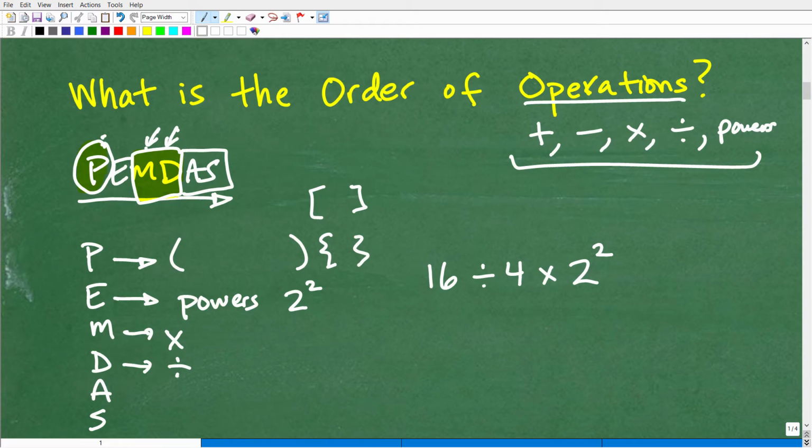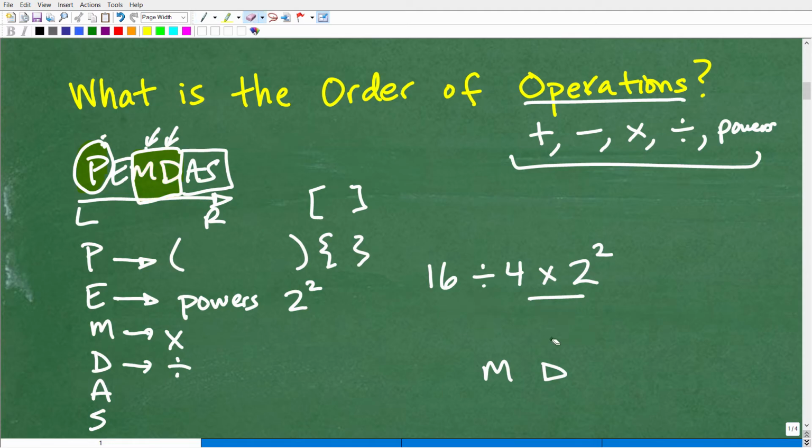That's not true. You do whatever comes first from left to right. In this problem right here, notice that I have D, division, here I have M. So this is DM. Now PEMDAS is MD, that's the way we write it. Some of you might be saying, well, you have to do multiplication before division. No, you do multiplication or division before addition and subtraction, but whatever comes first from left to right.